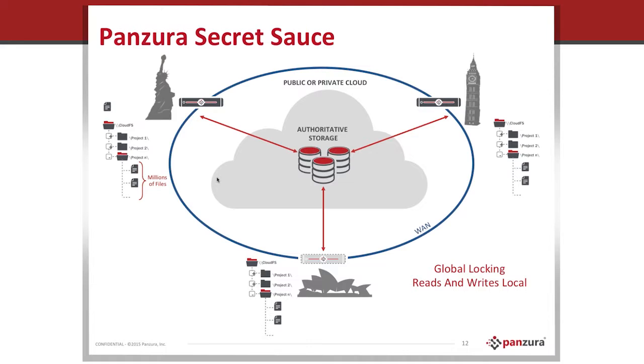So let's say the person in New York creates a new file and adds it to the global file system. Now, because we are the operating system on that device, the caching controller that you're writing data to, we have the ability to break a file up into data and metadata.